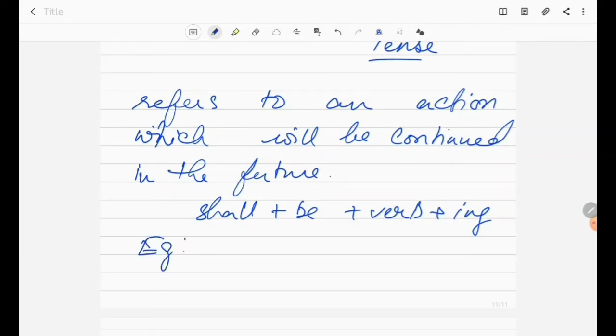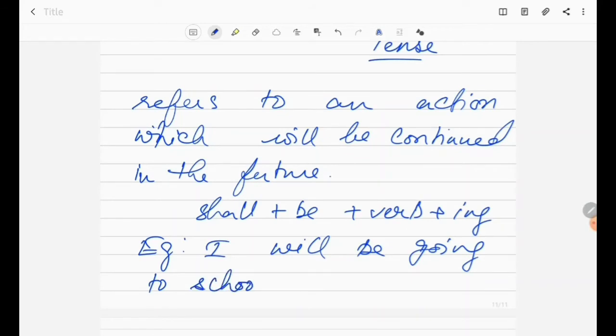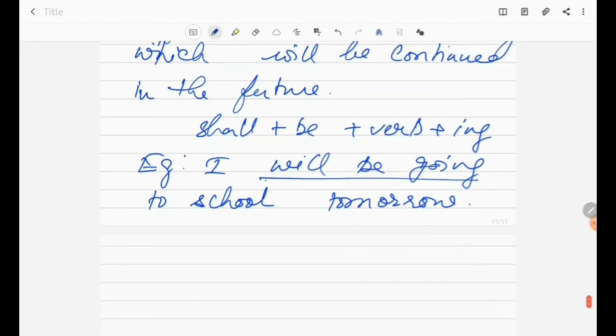Right? Example, I will be going to school tomorrow. So this action will be continued in the future. Suppose you want to say about anything which you will be doing at this particular point of time in the future.